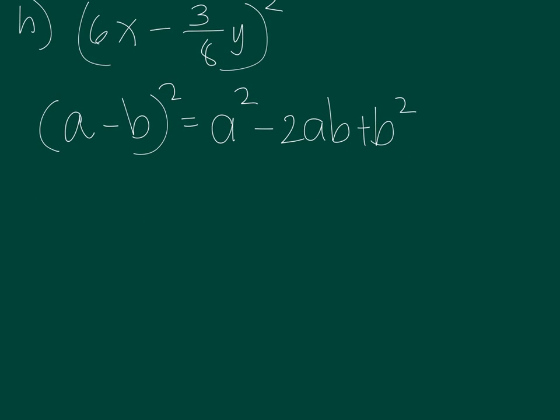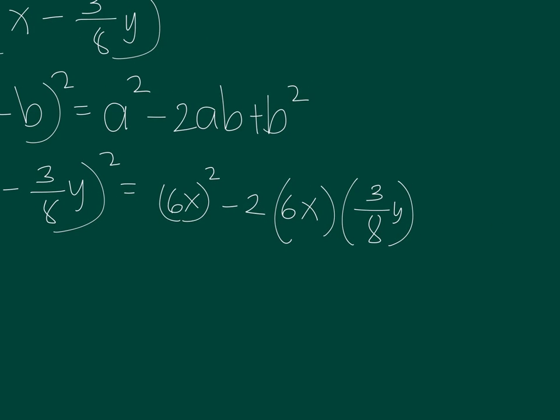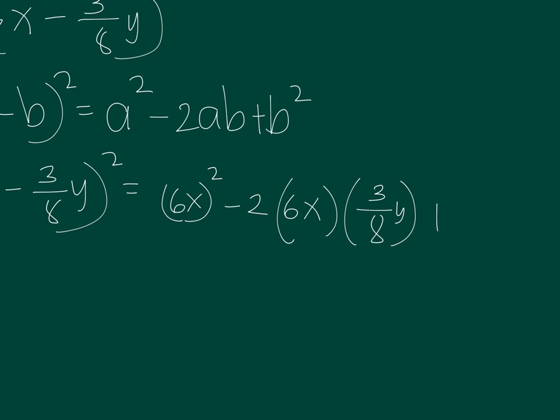So applying this, we have 6x minus 3 over 8y squared is the same as 6x squared minus 2, our a is 6x, our b is 3 over 8y, and then b squared is, so you have plus 3 over 8y, and then squared.